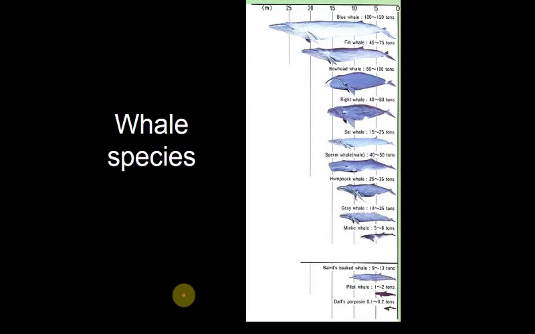Another important point of context, there's a lot of different whale species. So everything from big blue whales down to small, the ones at the bottom are minke whales. So basically, we had the Whaling Convention in 1946.